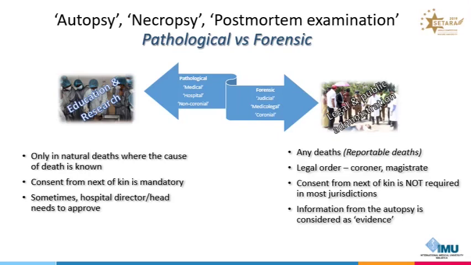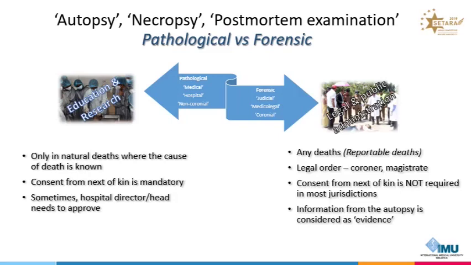Now, these reportable deaths I'll discuss a little bit further down the line, and they would be either natural or unnatural deaths. However, they are essentially deaths that are reported to a higher authority for a legal investigation, and therefore the order for an autopsy comes through a legal channel. It may be a coroner, it may be a magistrate, it may be the police.